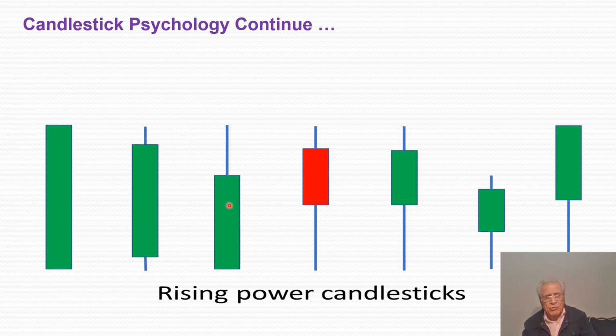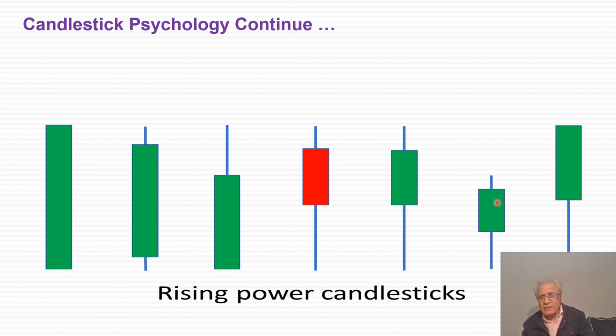This is a very strong candle, long body, with a very small upper shadow compared to the body. So again, this is a rising power. These two, the body is above the midsection, so that is considered bullish power, again a rising candlestick.